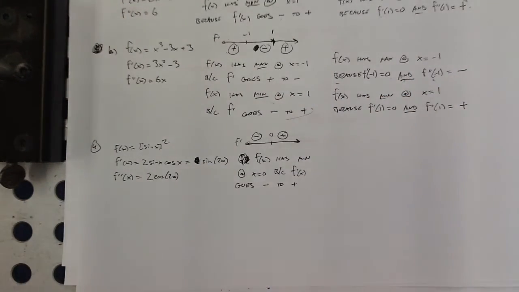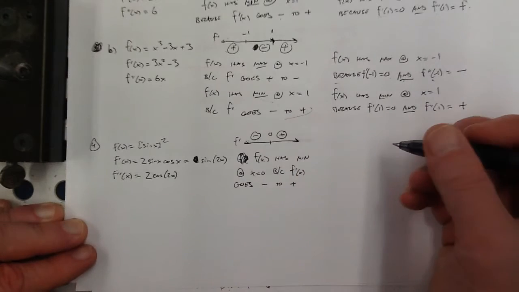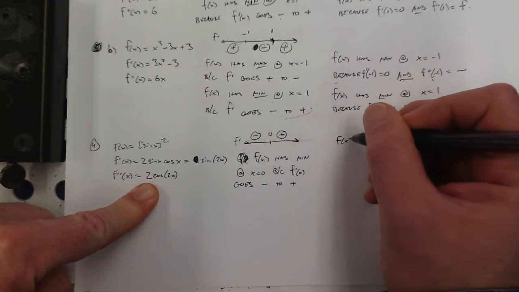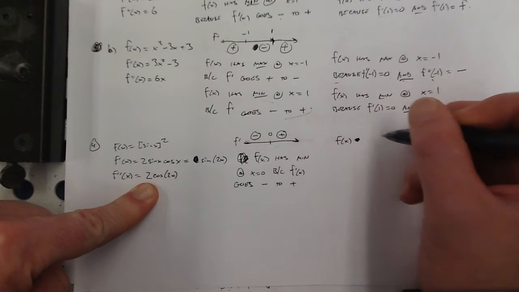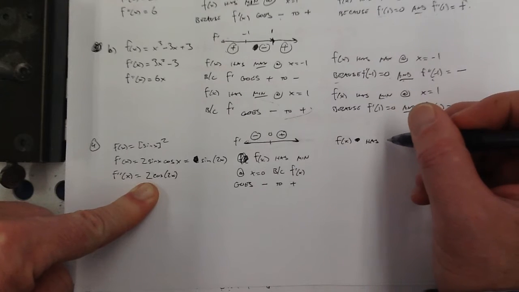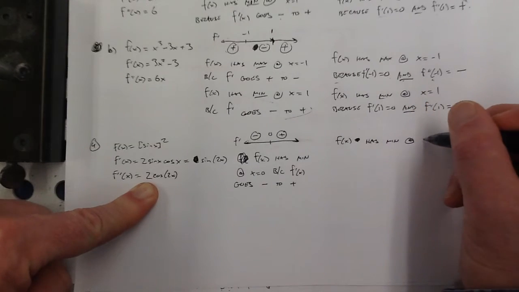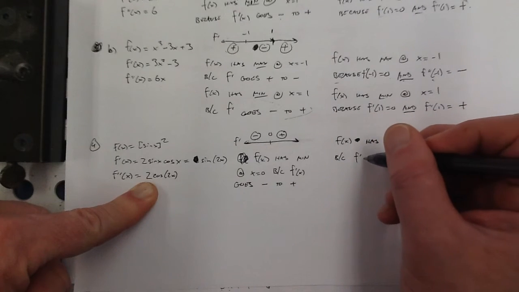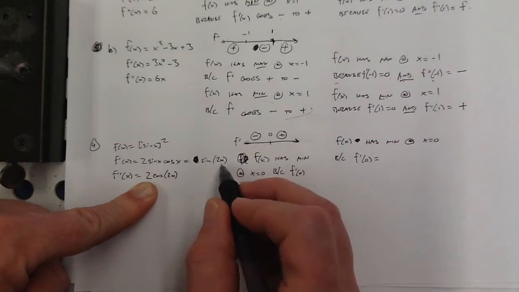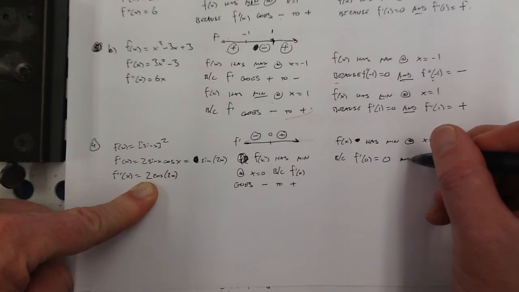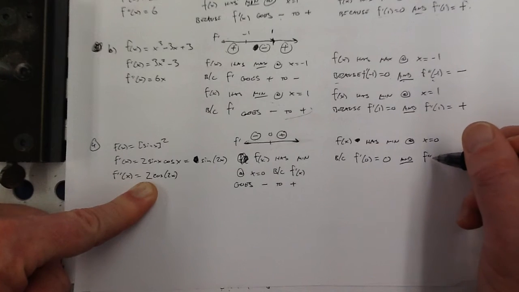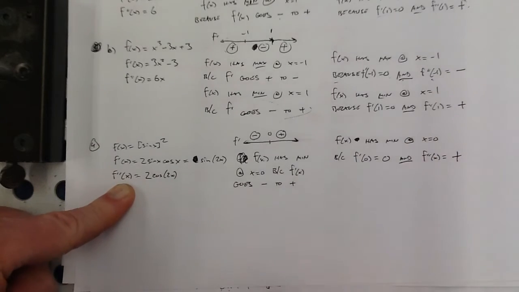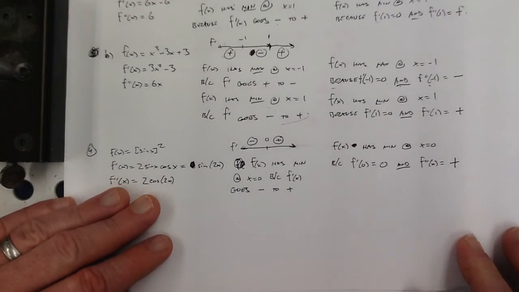It's got to be a minimum. And for the second derivative test, I'm going to say the same thing. f of x has a minimum at x equals 0 because f prime of 0 is equal to 0 and f double prime of x is equal to 2, which is positive. So that's got to be a minimum, right?